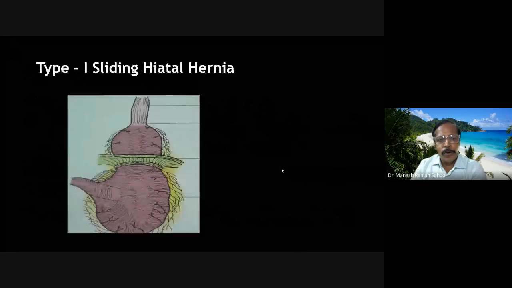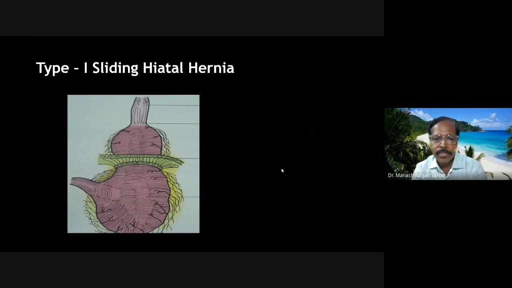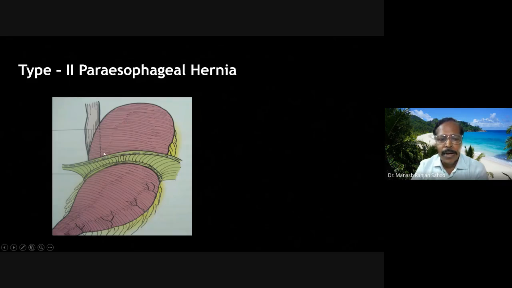Once we are over the anatomy part, hiatal hernias are basically of 4 types. Type 1 is the sliding hernia, type 2 is the paraesophageal hernia, type 3 is combined sliding and paraesophageal, and type 4 contains the viscera. So this is a sliding hernia where you have a short esophagus. This is the paraesophageal hernia.